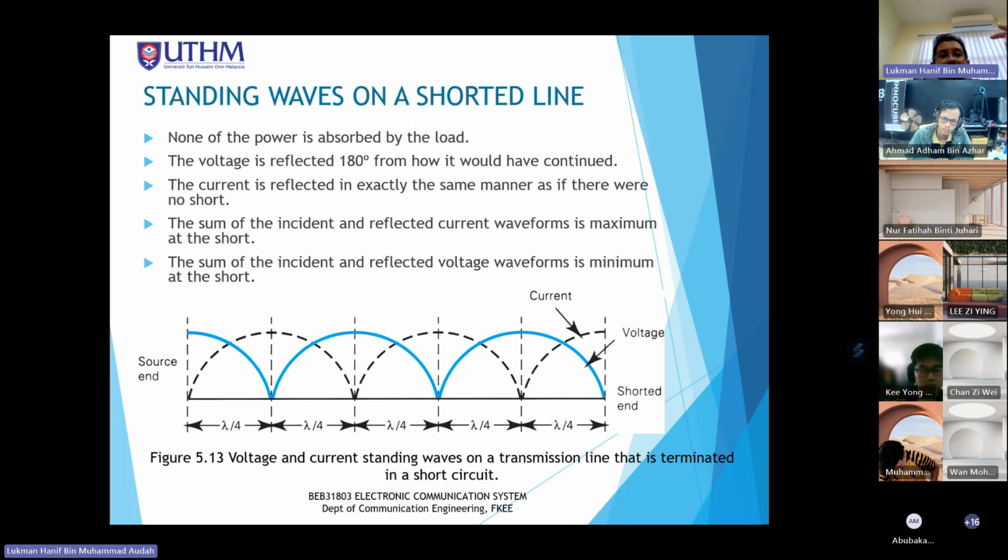For a shorted line, the line at the load side is shorted. This is the source, this is the load. So the load is shorted. That means the load impedance is not equal to the characteristic impedance, and the reflection coefficient is equal to -1, for sure, for a shorted line.